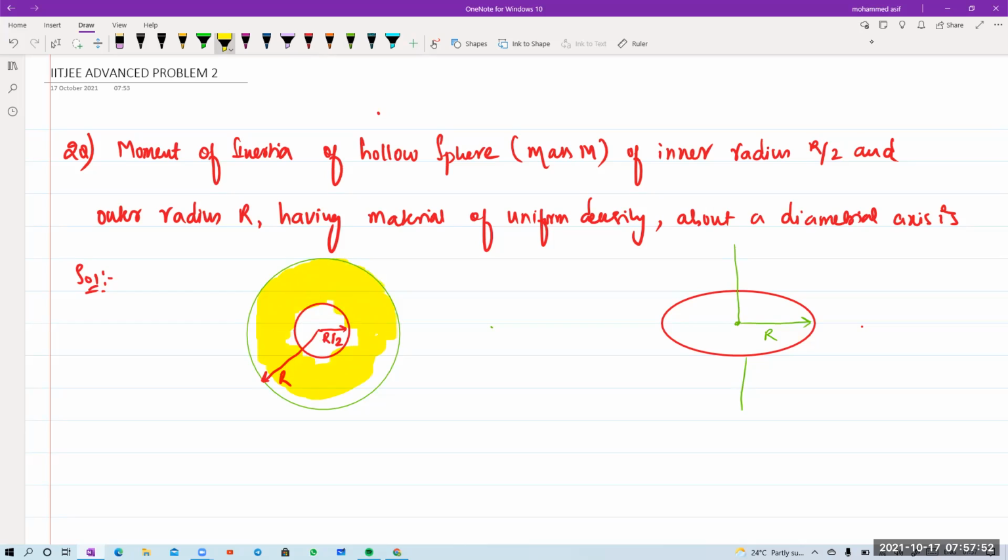Now you tell me what is the moment of inertia for a solid sphere? 2 by 5. For a hollow sphere it is 2 by 3. Okay, this is the question. Now tell me. Inner one is hollow, outer one is nothing but solid.